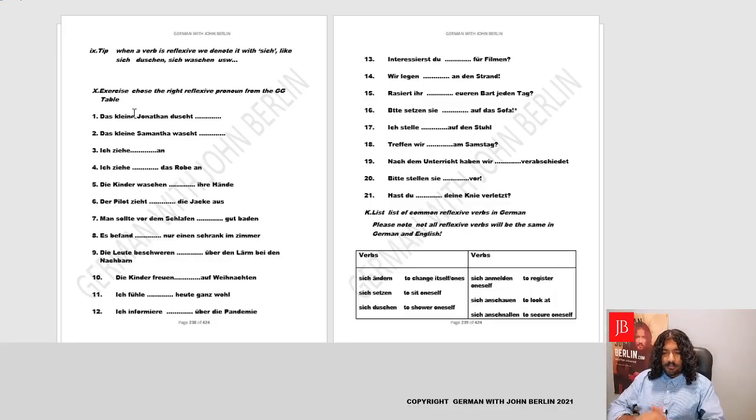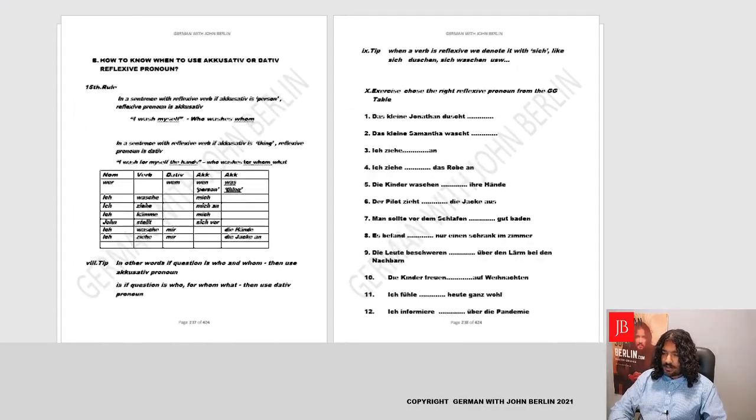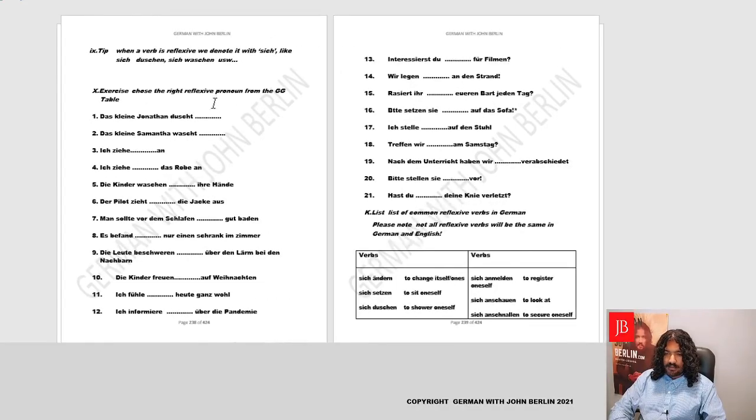So let's begin with the first sentence. The little Jonathan duscht dash. The little John showers himself. Das kleine Jonathan duscht. How do we say himself? It'll be, yes, you're right, sich. Okay, coming back. So we could write here, be with me, it's the first sentence. Das kleine Jonathan duscht.